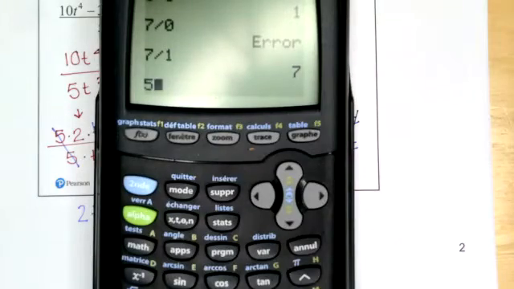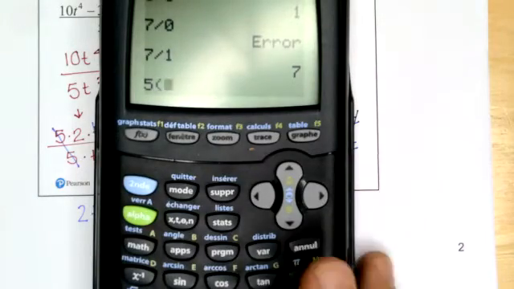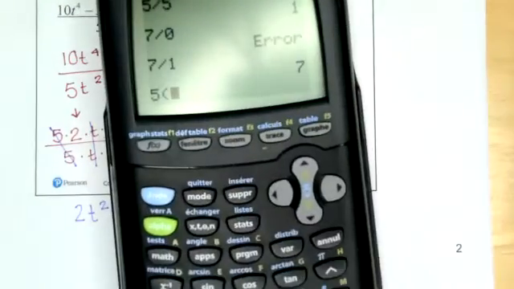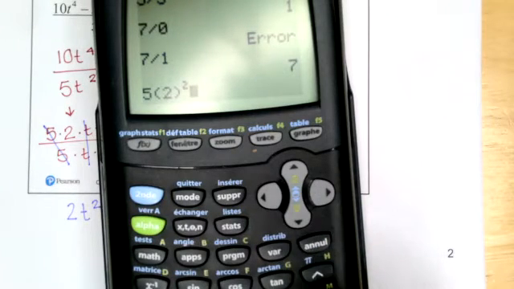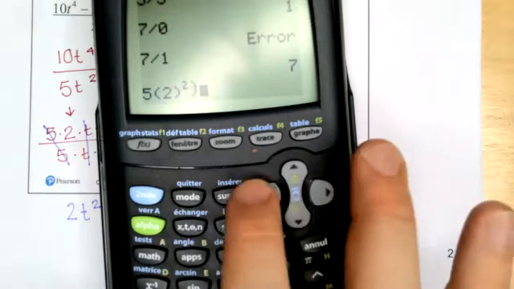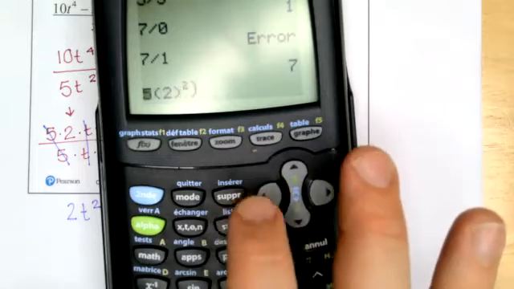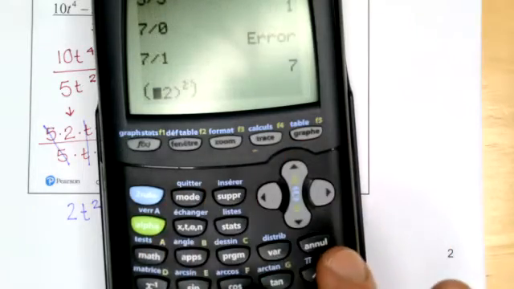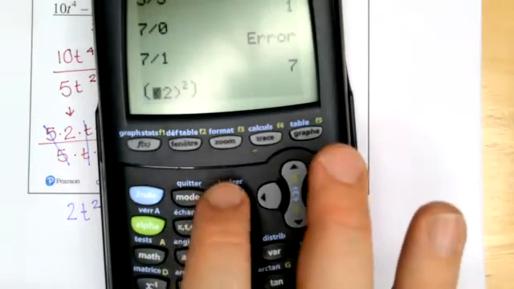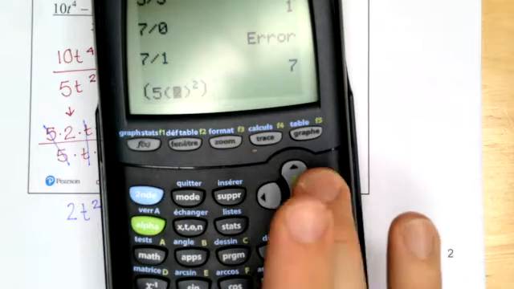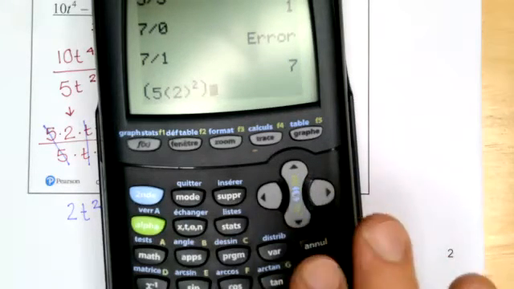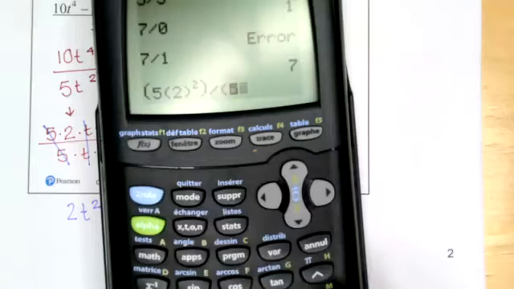Or 5. We don't know what t is, but let's pretend t is 2, right? 5 times 2 squared, all divided by 5 times 2 squared.